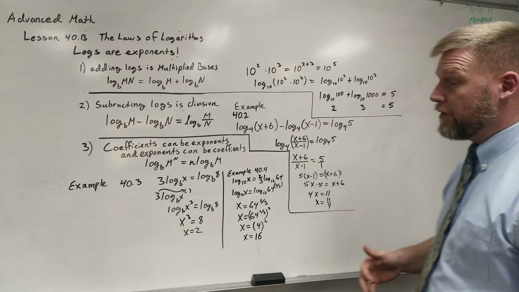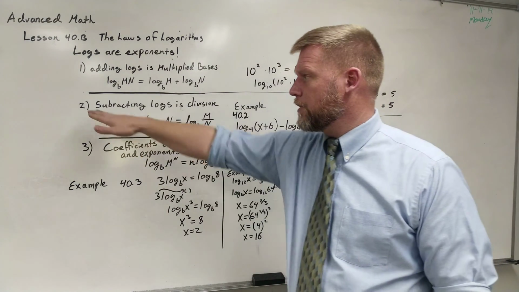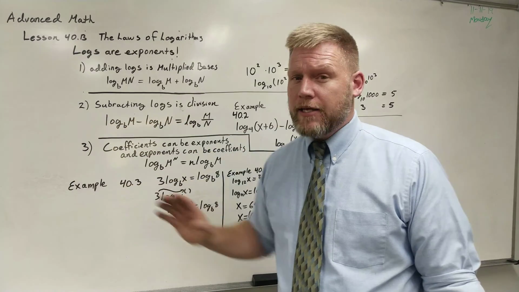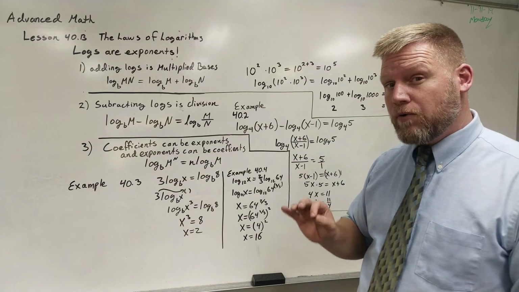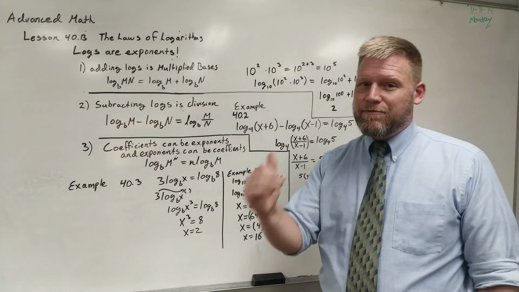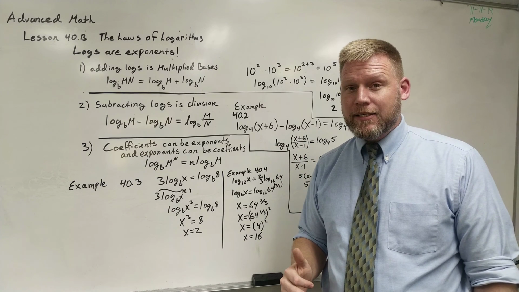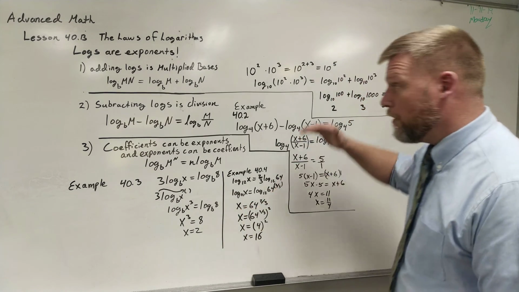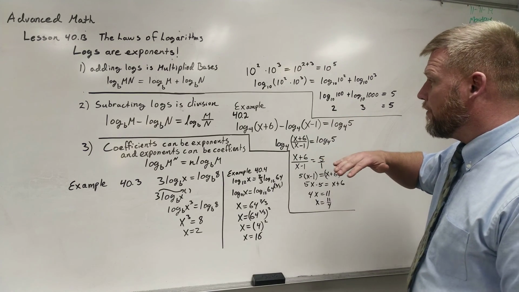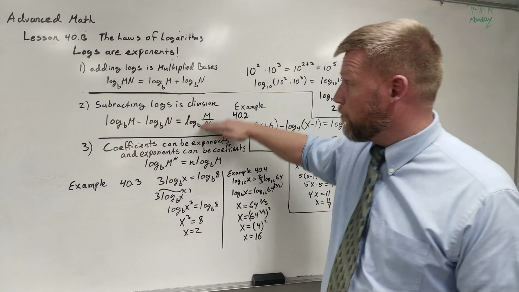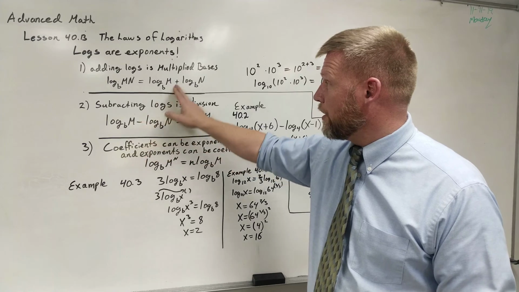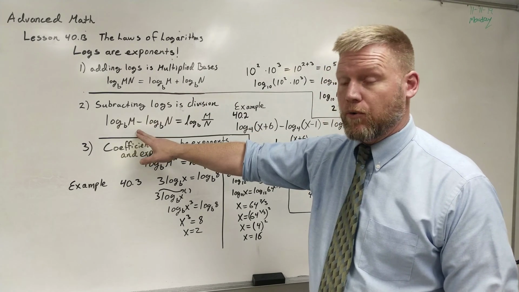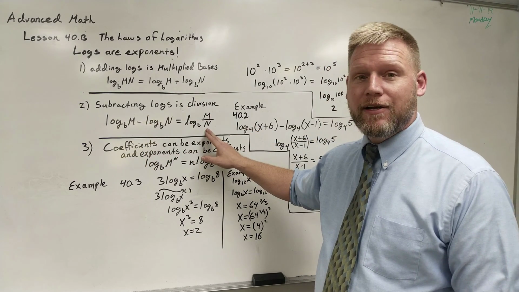So let's extrapolate that to our second step. Since logarithms are exponents, when I divide bases, what do I do with exponents? I subtract them. So with the same rule, the subtraction of logarithms is the same as division.